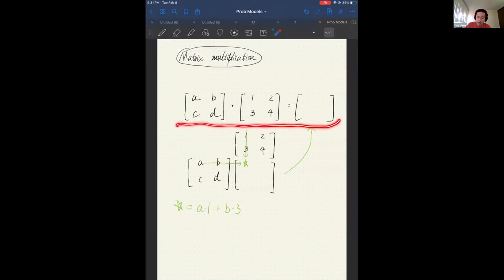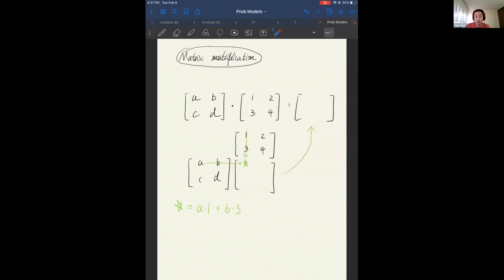One of the easiest ways to compute the matrix multiplication is to write the first matrix over here, and the second matrix on top, and the resulting product goes over here.